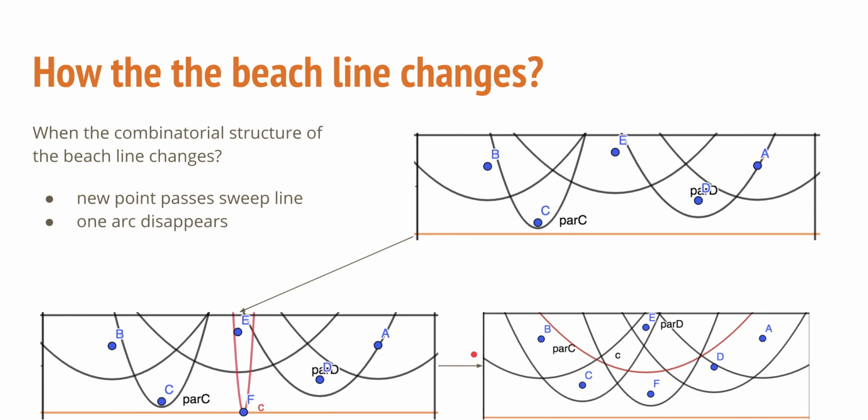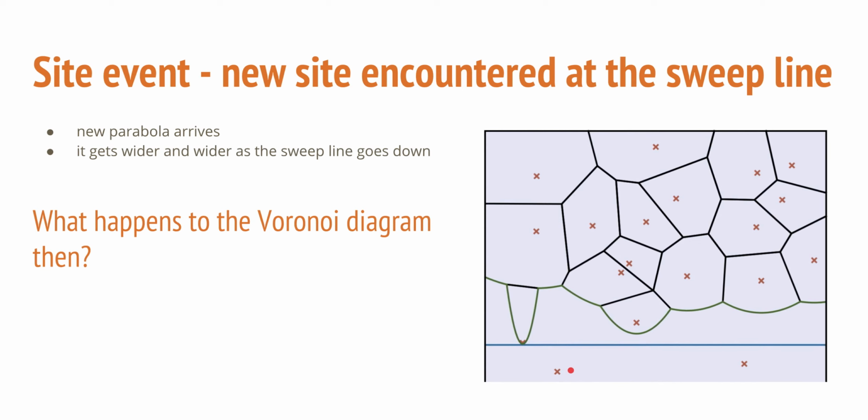The second case is when an arc disappears. I will show it later as well, but you can see here that previously the arc for the point E was important because it was a part of the beach line, but right now with this point F, we can see that this arc is hidden from the sweep line, so we do not look at it anymore.